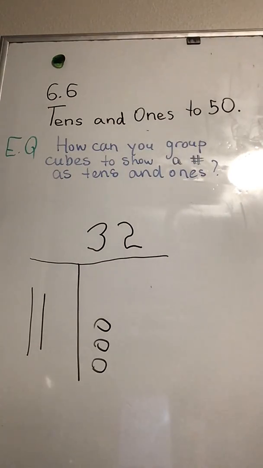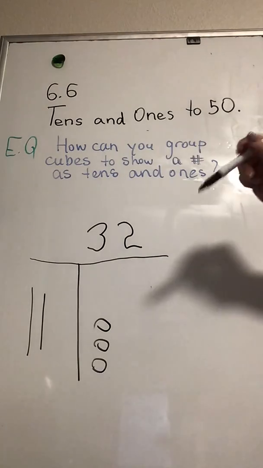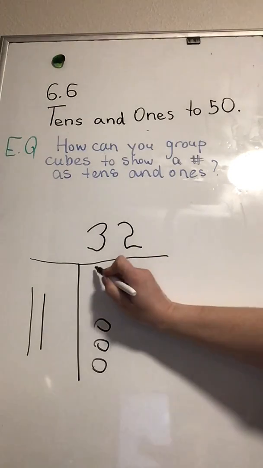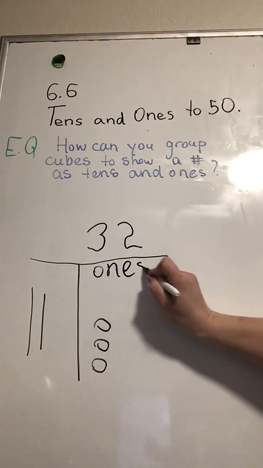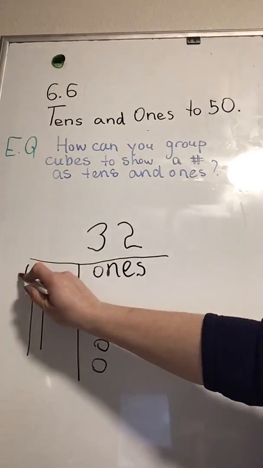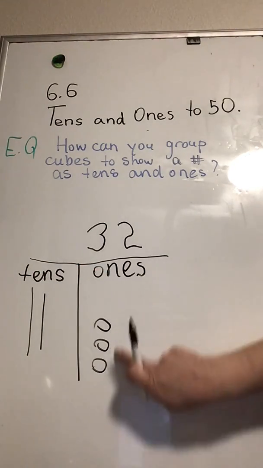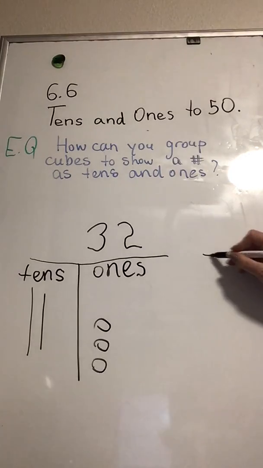Is she showing number 32, boys and girls? I think there is a mistake. Well, I know that this number shows the ones. This number shows me the tens. How many ones do I see? I see 3 ones. That's correct.